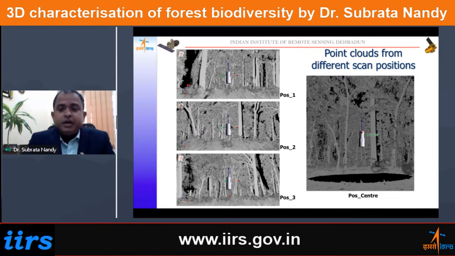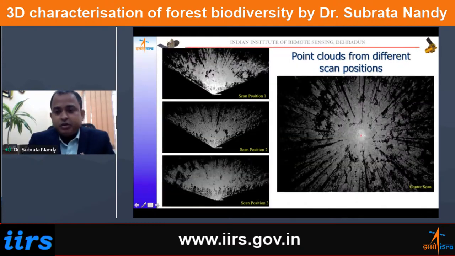Once I get the data, this is from the central scan, and these are from different points outside the plot. I need to merge the center scan with scan position 1, then scan position 2 and scan position 3, so that I can get a 3D model of the forest. Now how do I merge this?